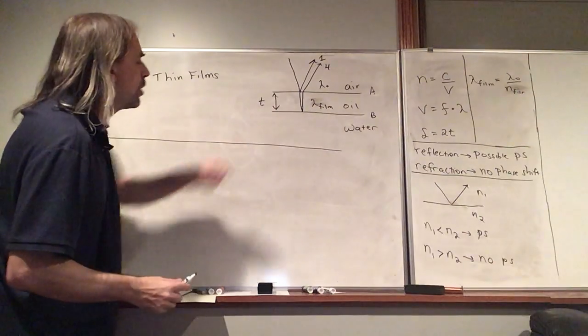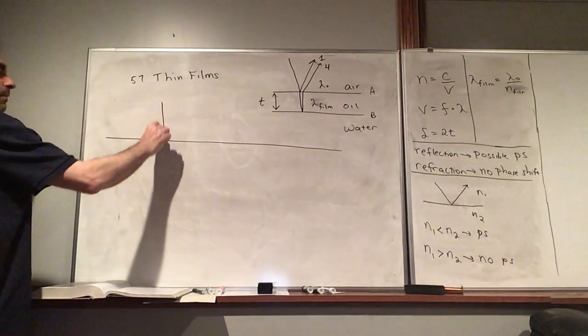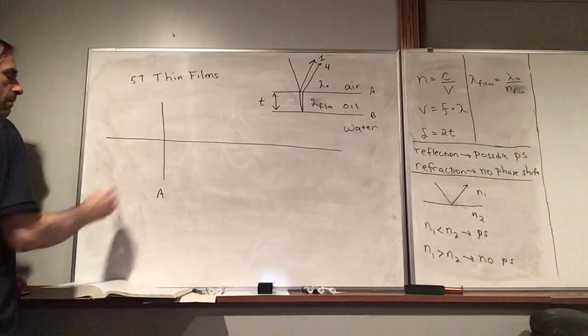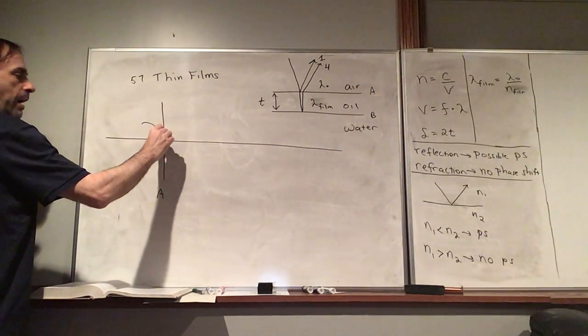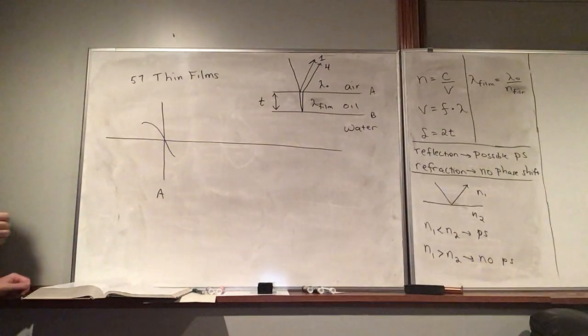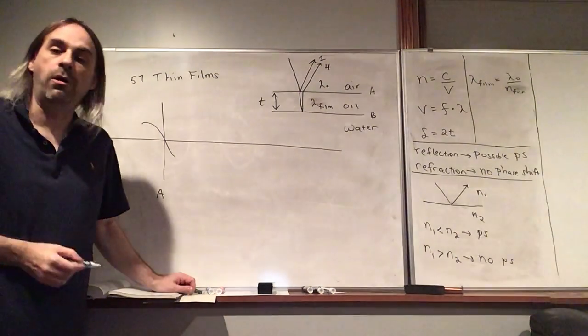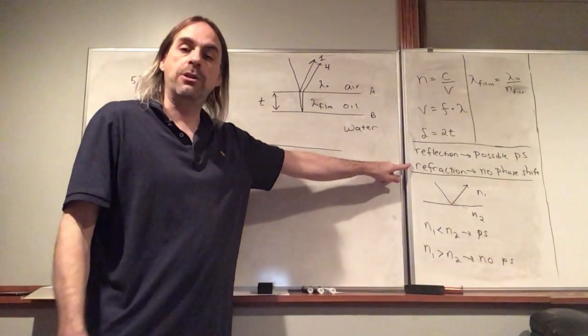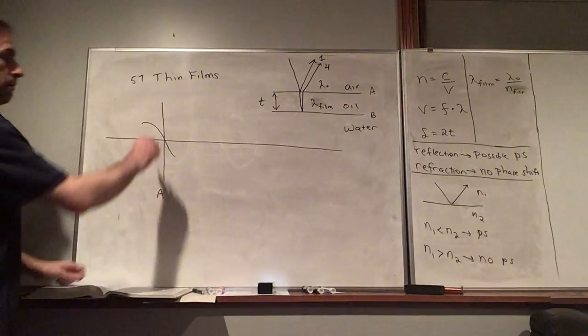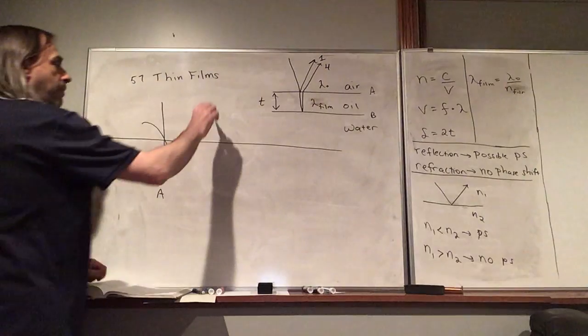We're going to hit boundary A. Again, we've got an electric field coming in like this, and then it's going to enter into the film, which in this case is oil. And remember, for refractions, there is no phase shift. So again, we just keep going into the oil.